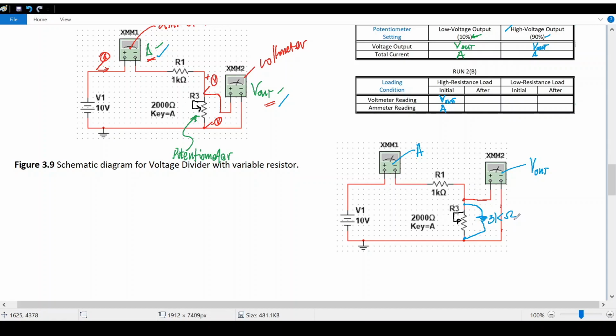And if the voltage output drops, adjust the potentiometer to come up with V out equal to 8 volts.